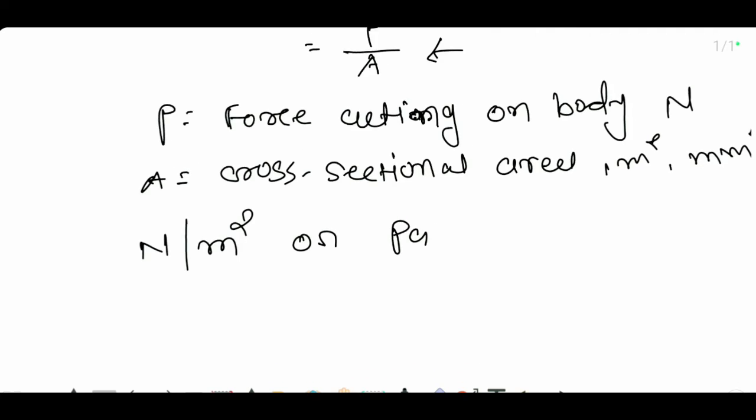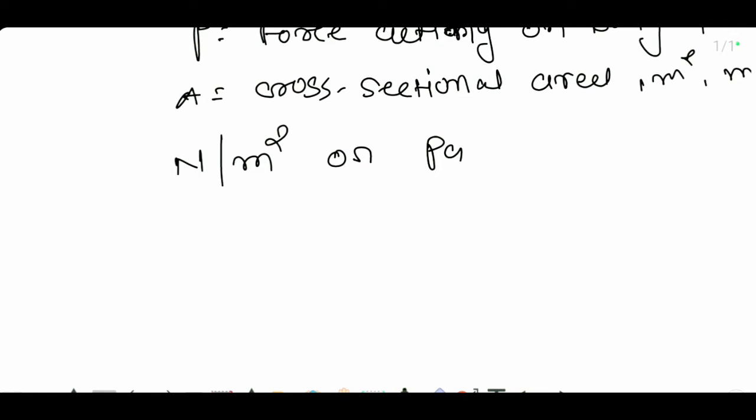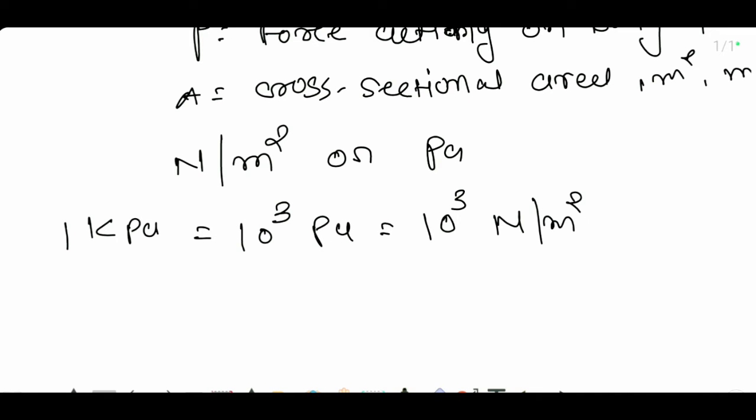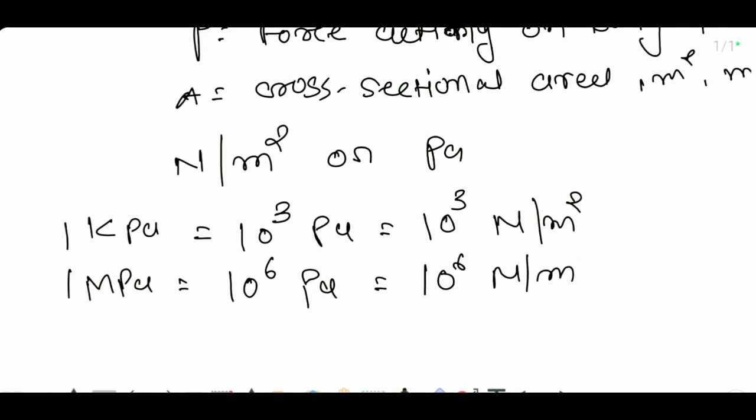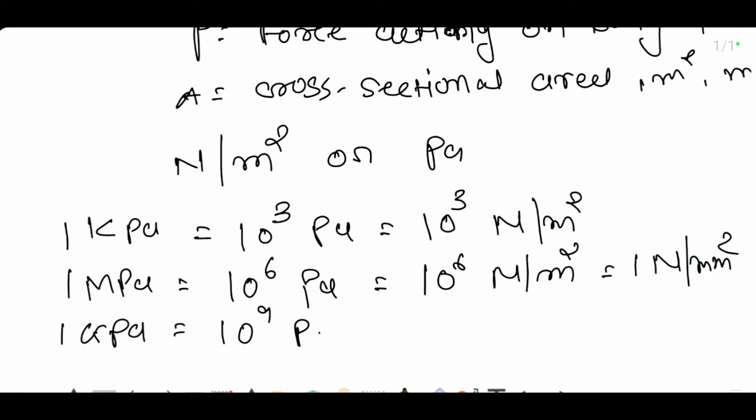Let's see some unit conversions basically used in mechanics of material. 1 kilopascal equals 10 raised to 3 Pascal, or 10 raised to 3 Newton per meter square. 1 megapascal equals 10 raised to 6 Pascal, equal to 10 raised to 6 Newton per meter square, or 1 Newton per mm square. 1 gigapascal equals 10 raised to 9 Pascal, or 10 raised to 9 Newton per meter square.